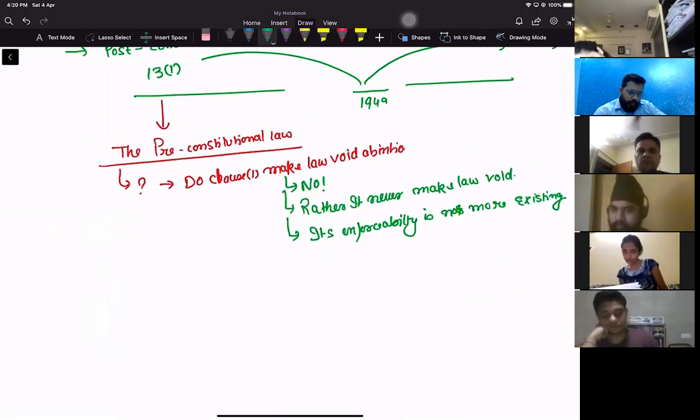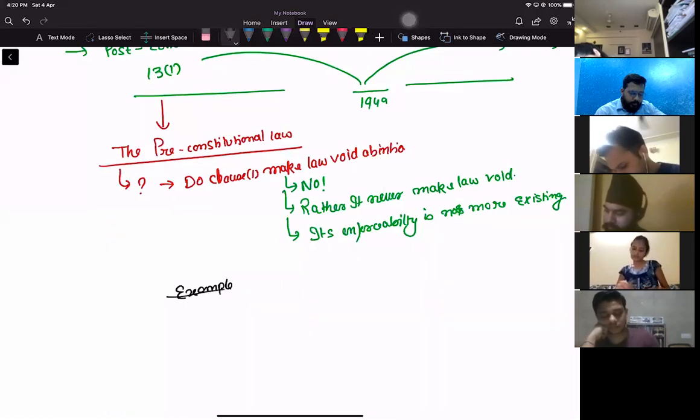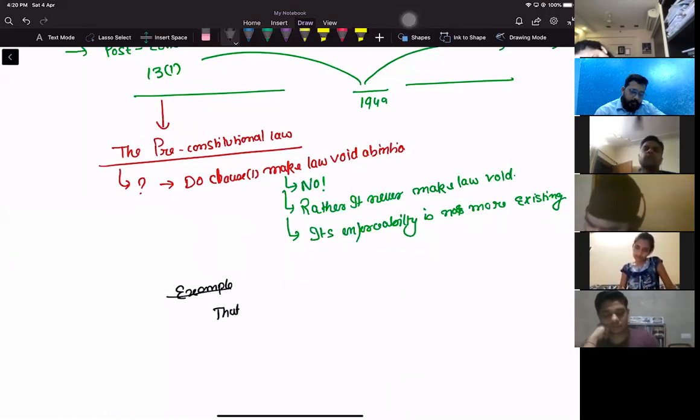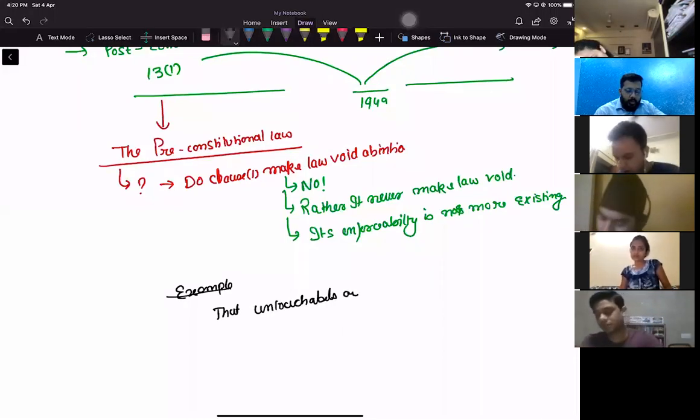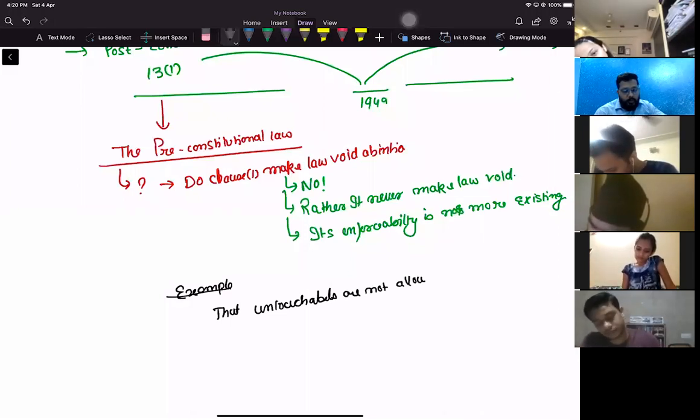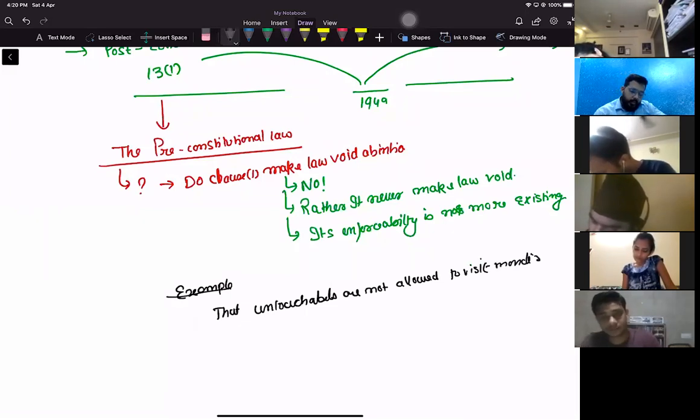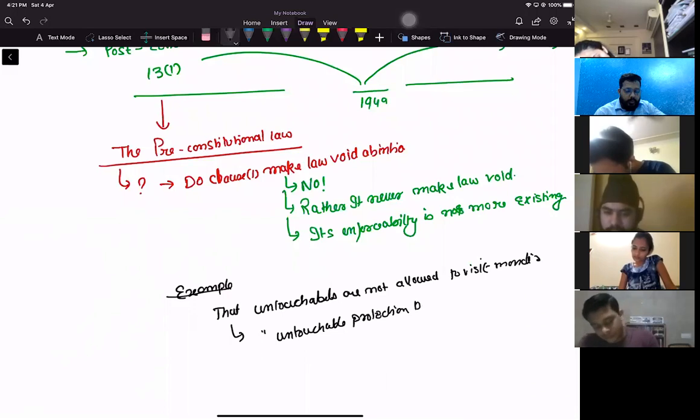Suppose there is a law that untouchables are not allowed to visit the mandir, some untouchability law existing, some untouchable protection act.